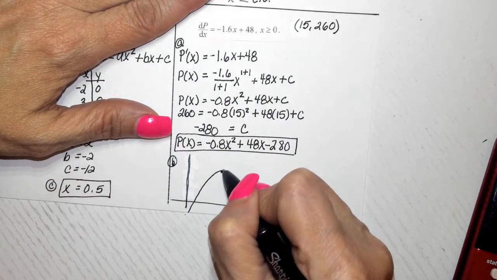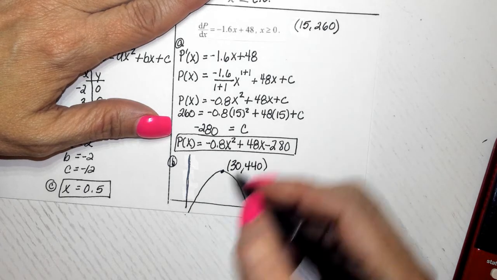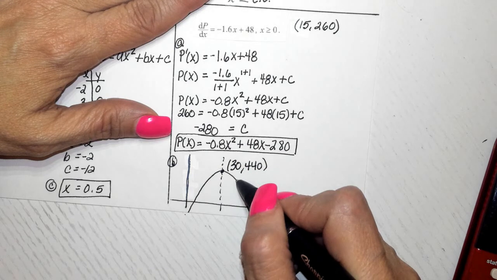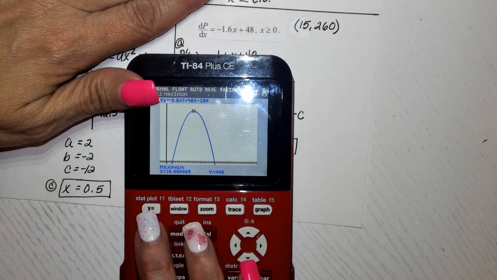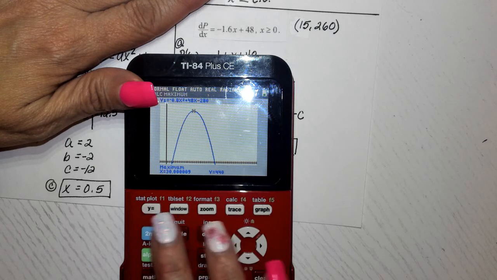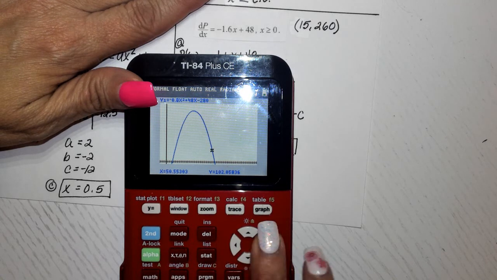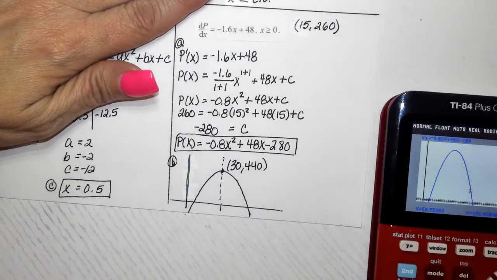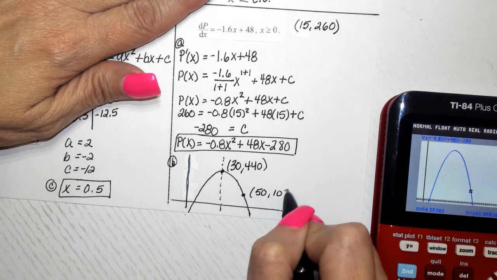So this point right here is 30, 440. Right there's the maximum point. So 50 is going to be over here. Let's do trace and find 50. There's 50. At 50, the profit is 102. So 50's over here, and it's 50, 102.